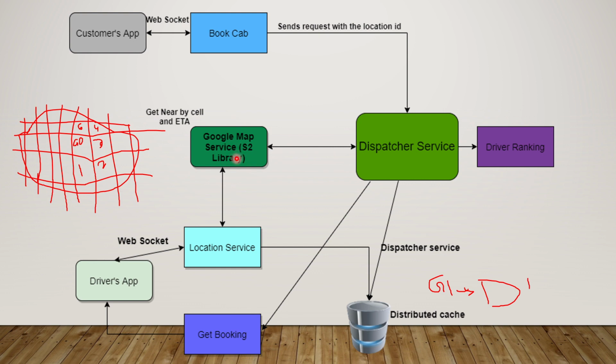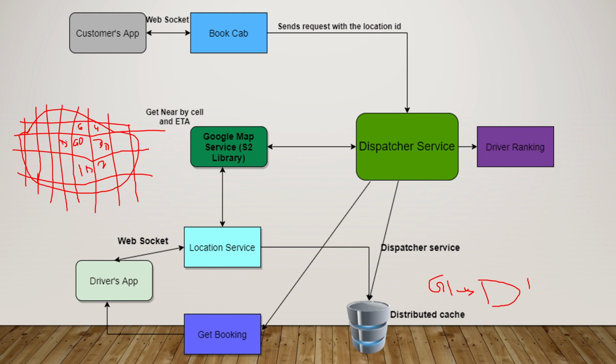Now this time when it queries the map service, it will pass on the list of the drivers that it got, and what it wants from the map service is the ETAs. So what the Google Map service or this S2 library will provide to the dispatcher service is the ETA of each of the drivers that I gave. So suppose in G1 there was a driver D1, in G3 there was another driver D2, and there was a driver here D3.